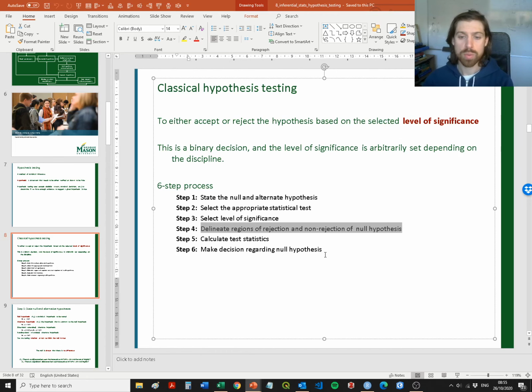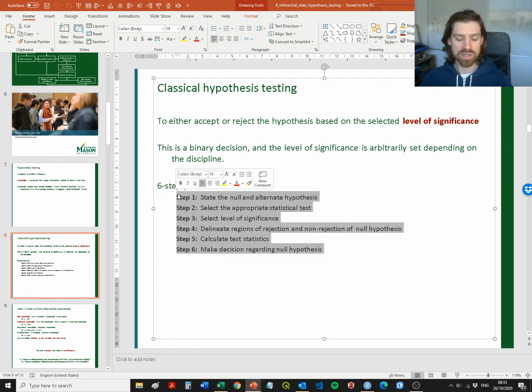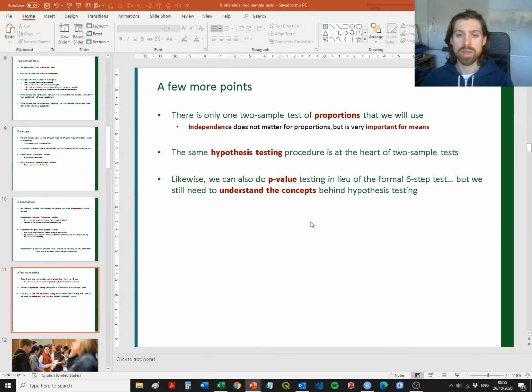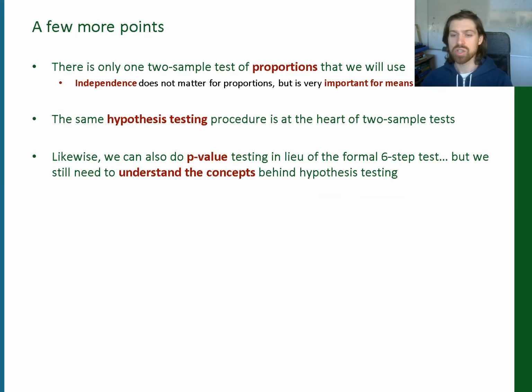Okay, so I hope that those 6 steps are familiar to you now. I think the key point is that you don't have to go through all of those 6 steps. Actually, a lot of the time you can just use the p-value that you're able to calculate, and that will give you an indication as to whether the mean that you have, for example, is sufficiently far away from the population mean for you to confidently say that it's significantly different from the population.